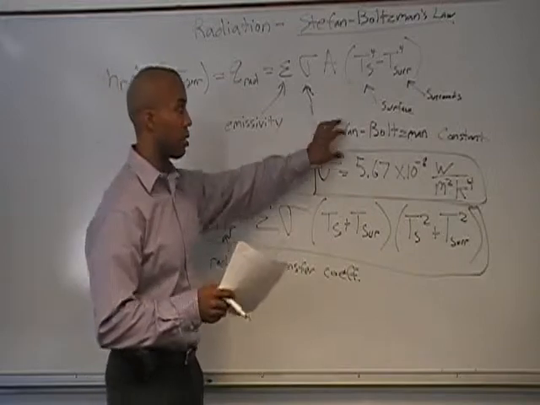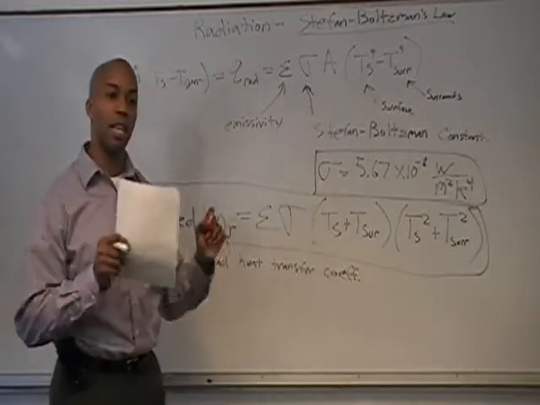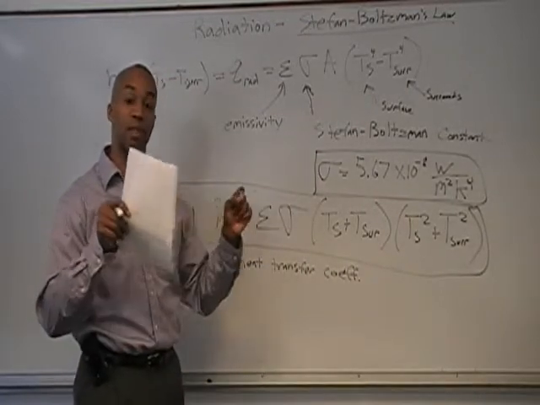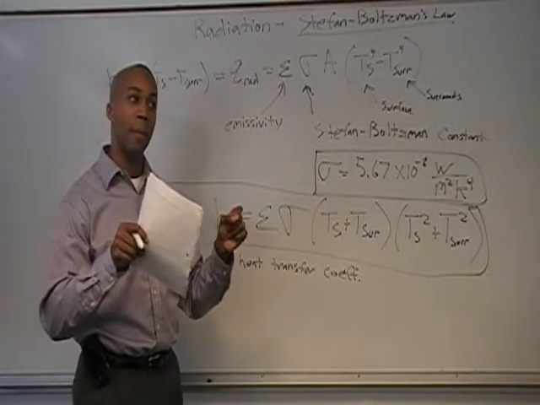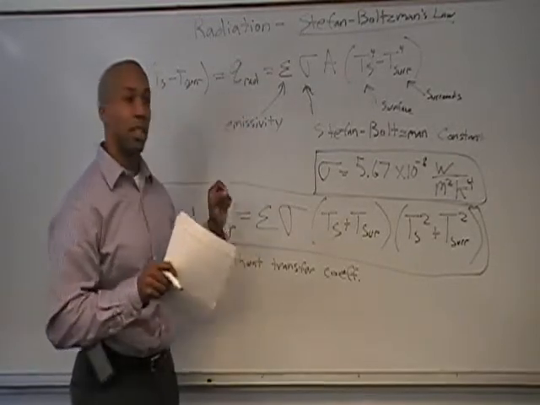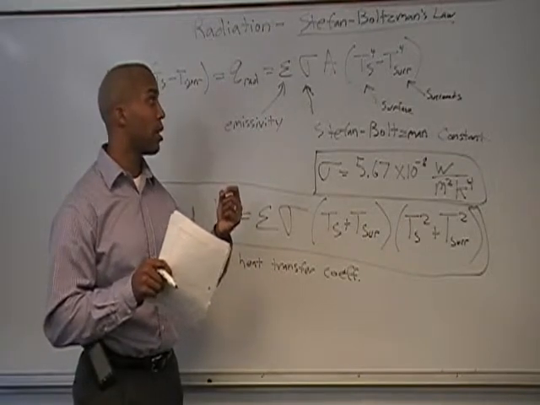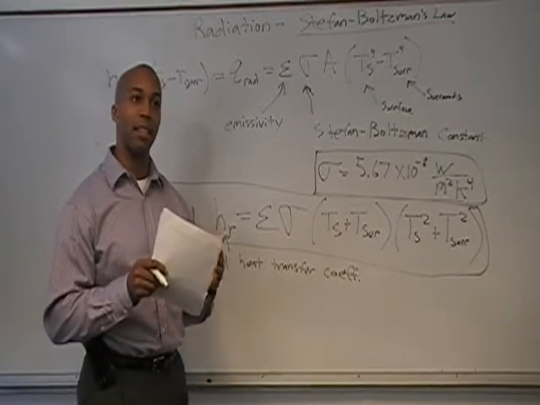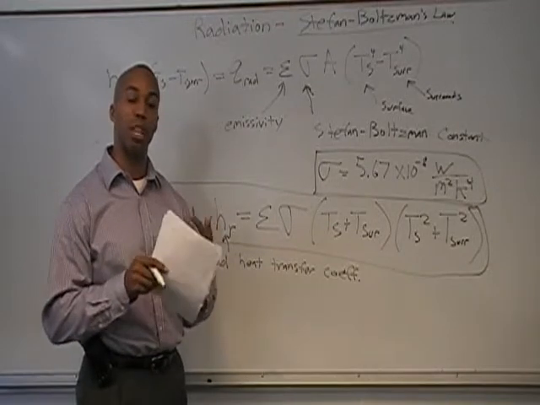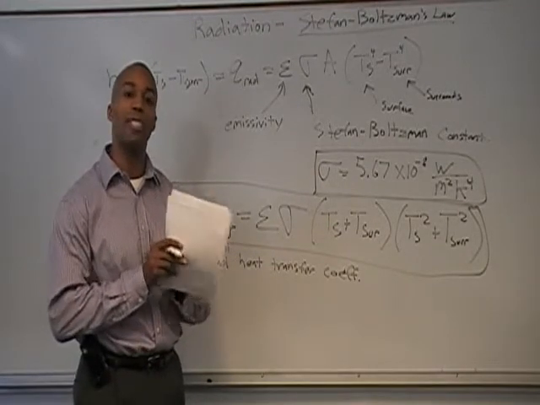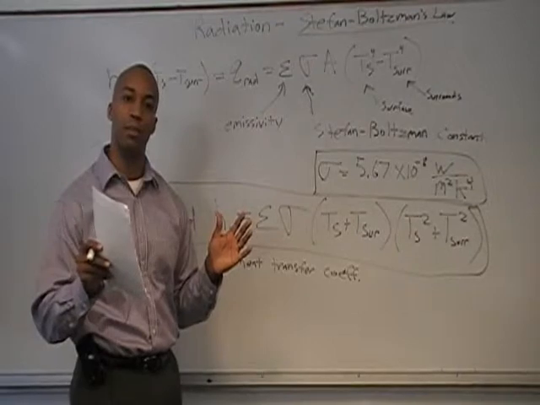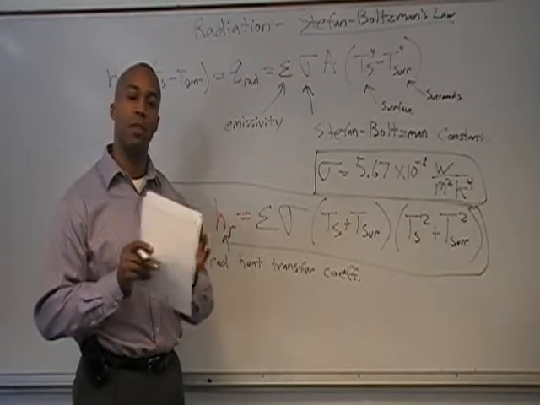Another note here is that because you're taking the difference between the temperature to the fourth power, radiation heat transfer, or the heat rate, becomes significant in comparison to conduction and convection only when the temperature difference is large. So I want you to think about that.